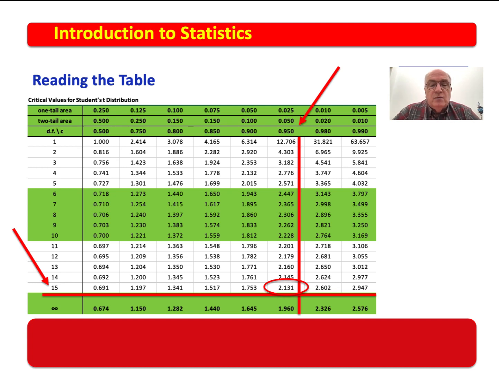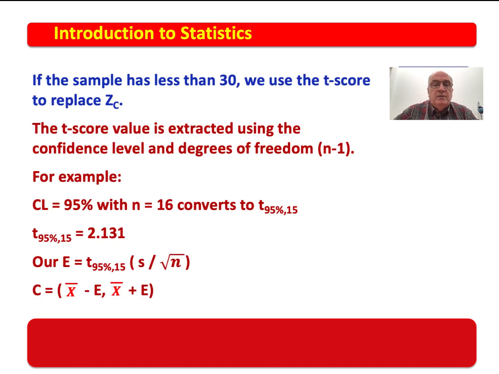What we have done with a t-score of 95 and 15 degrees of freedom is that we have expanded the 1.96 z-score to 2.131 to compensate for the fact that S may not be a very good predictor of sigma, and it assures us that we are still in the range that we need to be in.